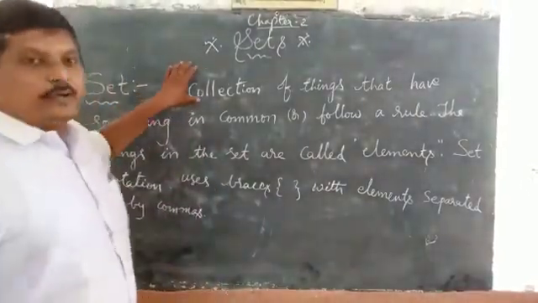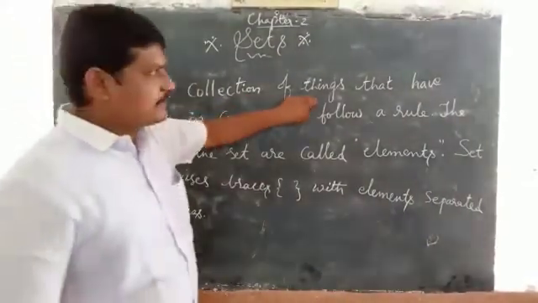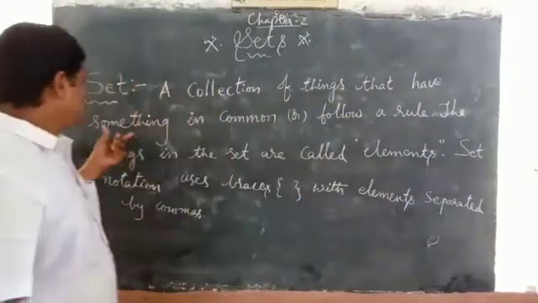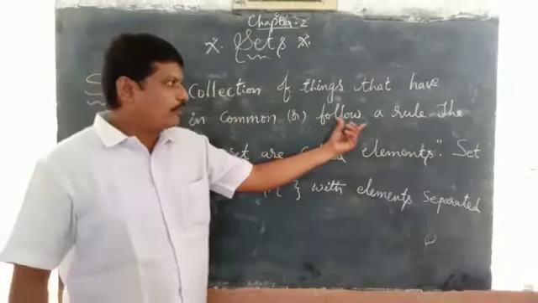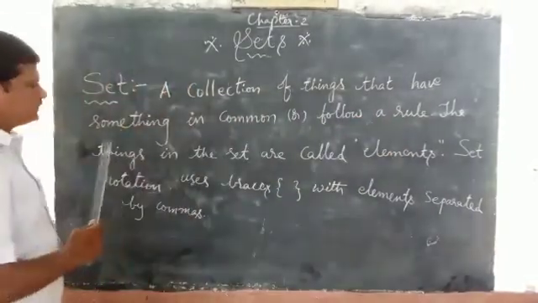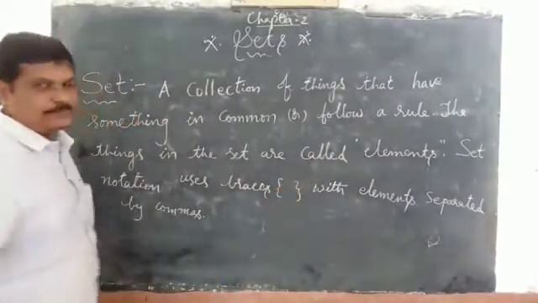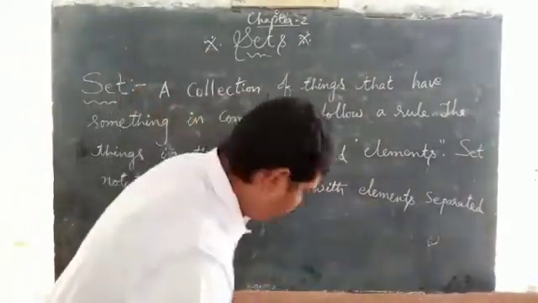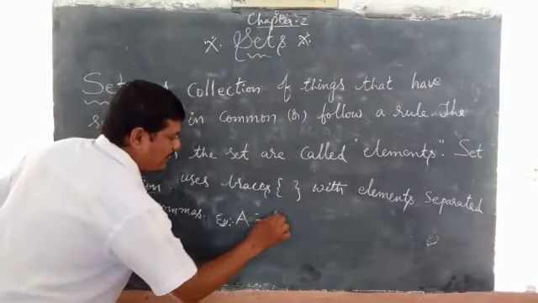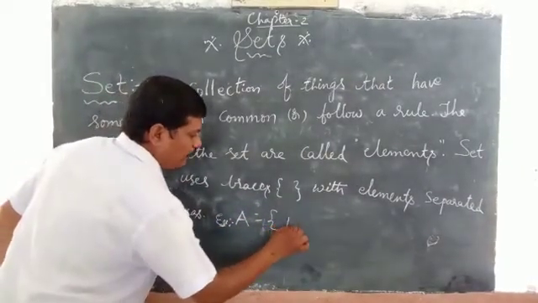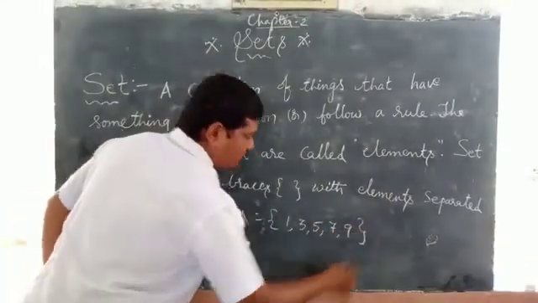Now, definition of a set: a collection of things that have something in common or follow a rule. The things in the set are called elements. Example: A equals set of 1, 3, 5, 7, 9.